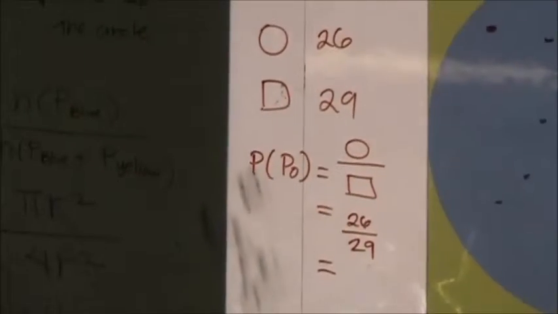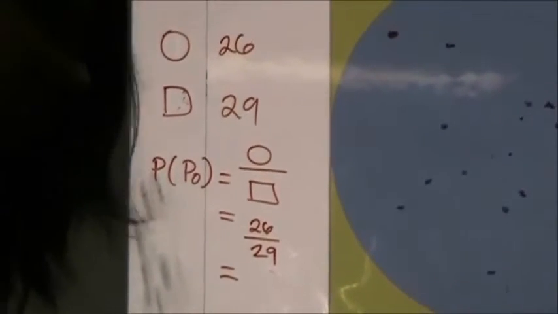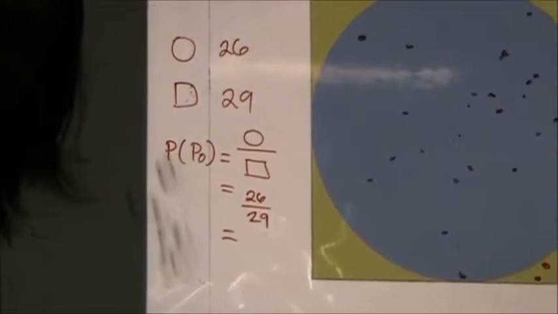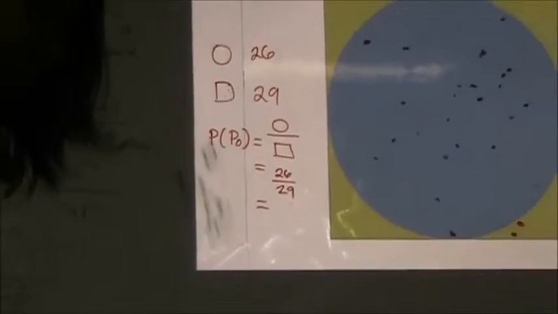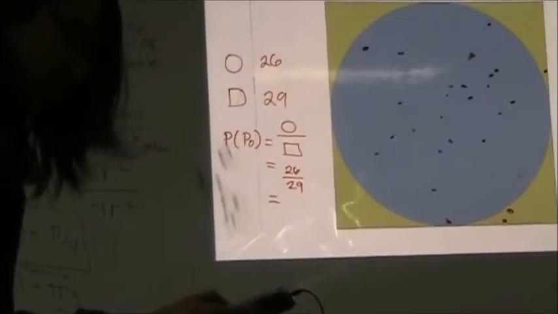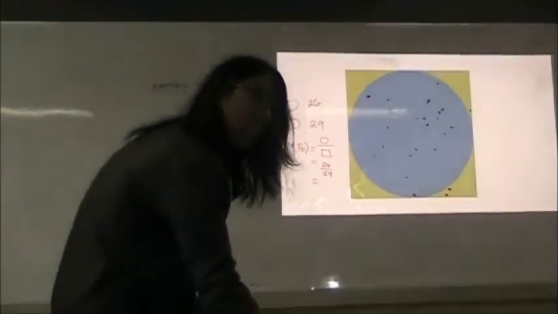Can I simplify that? Okay. What's that? 26 over 29. Let's use my calculator. If you have a calculator, let's try and use it. Or you can solve it randomly if you want. 0.9.